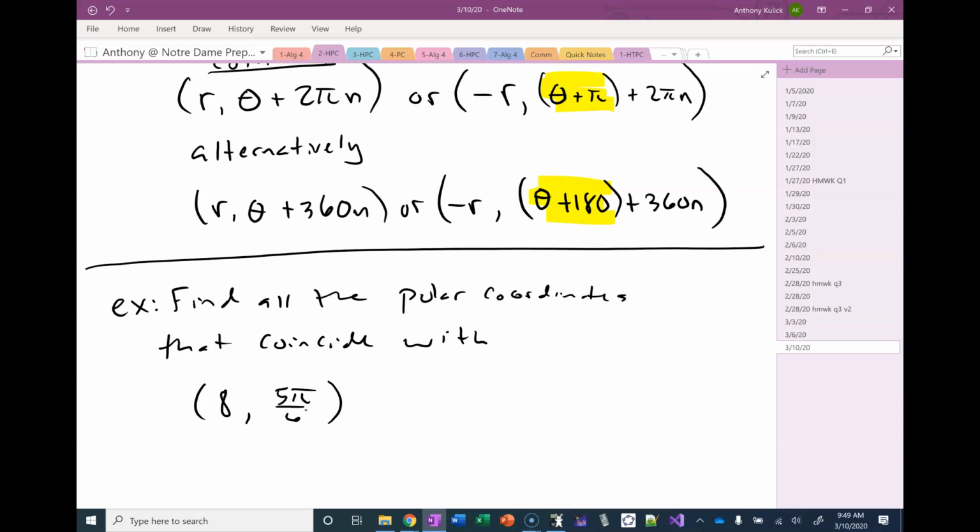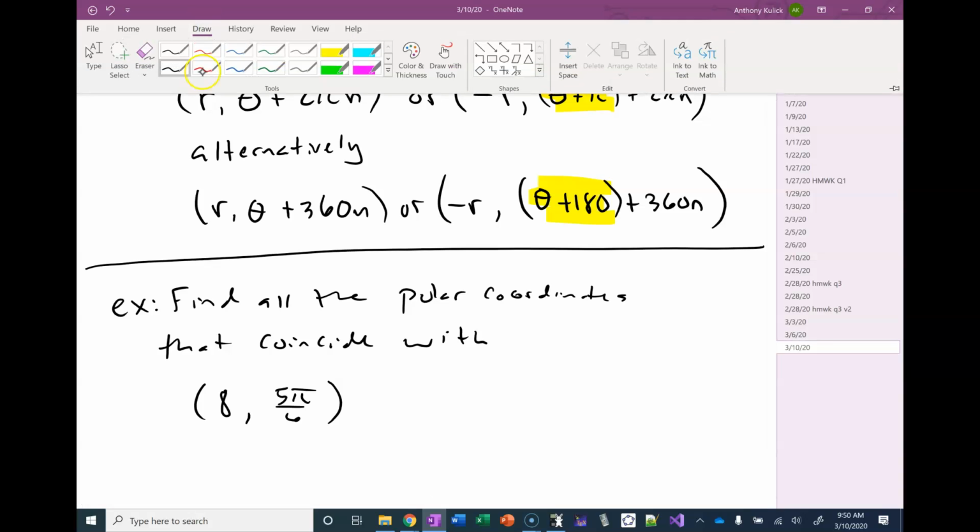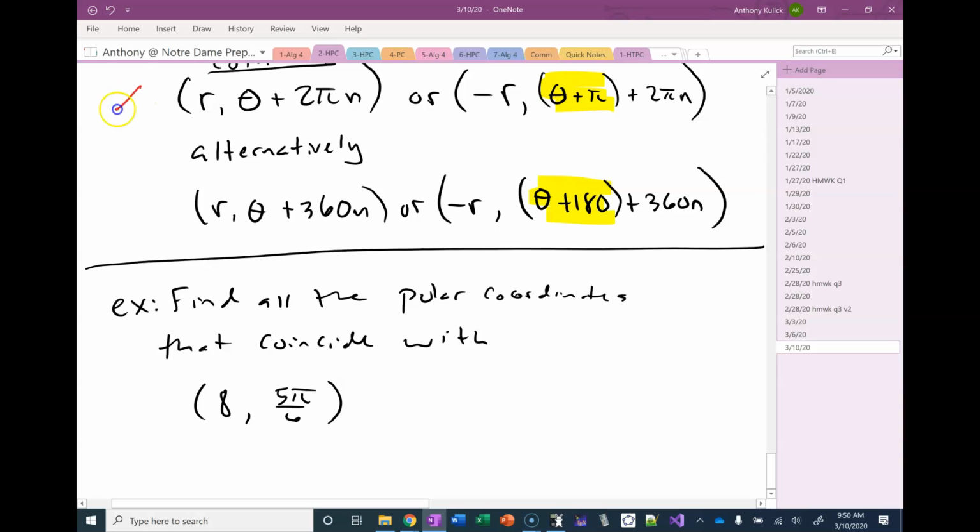So, suppose we want to find all the polar coordinates that coincide with the point 8, 5 pi over 6. Well, I'm just going to use my definition from up above.